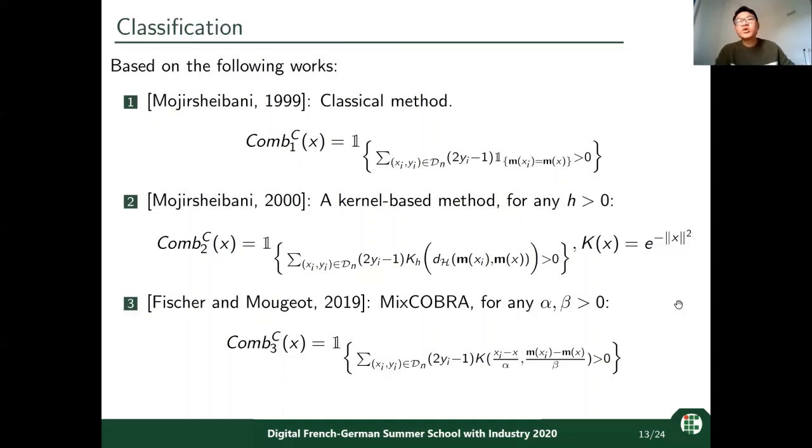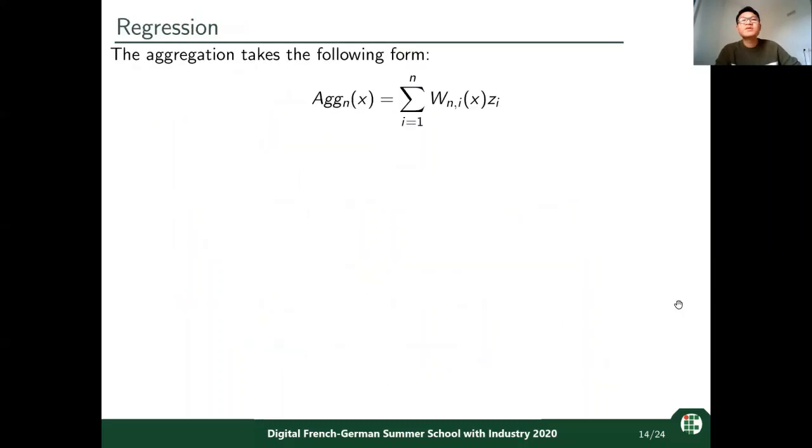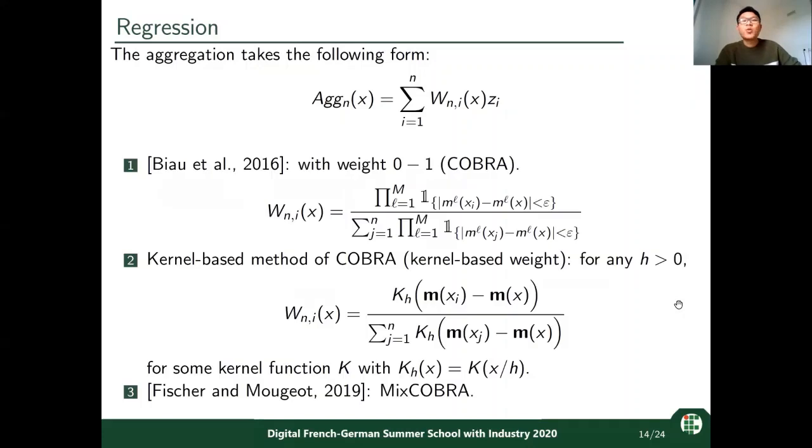So this is what we use to combine in classification problems, but we would like to focus more on regression problems in this talk. The combination is defined as a linear combination of the response variable Z, and the weight is defined differently. For example, the first one, by Biau et al. in 2016, is called the classical Cobra method, where the weight is defined almost similarly to the previous case.